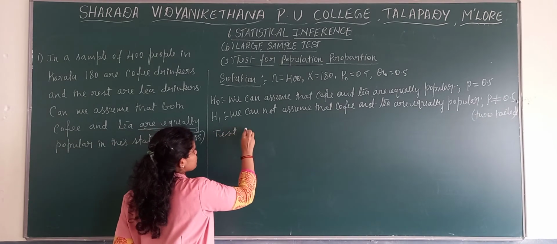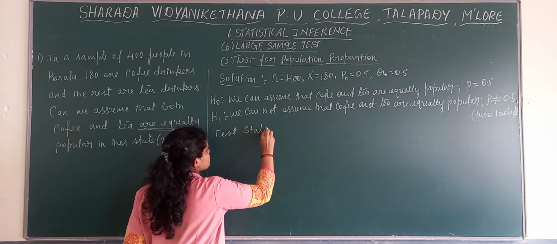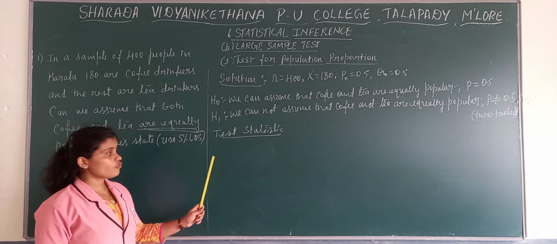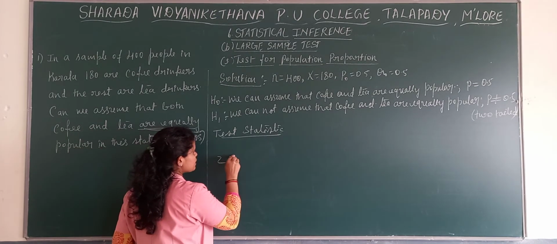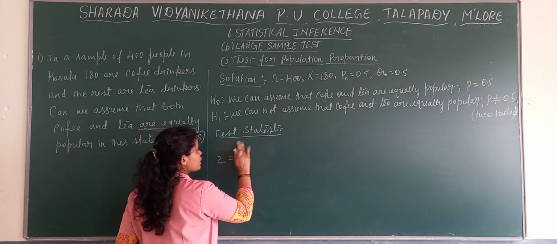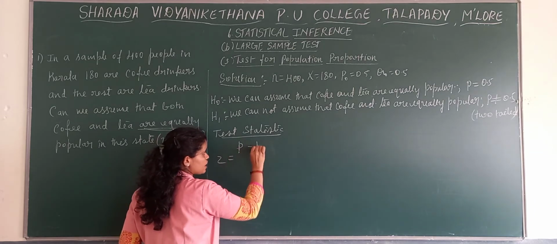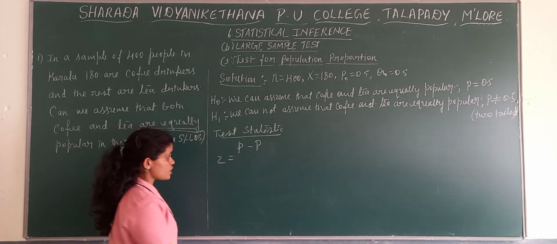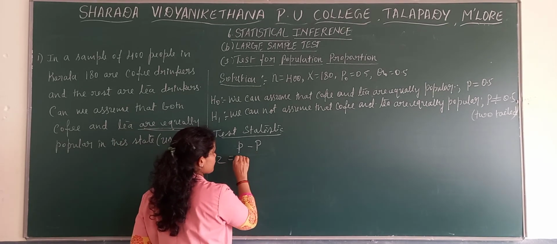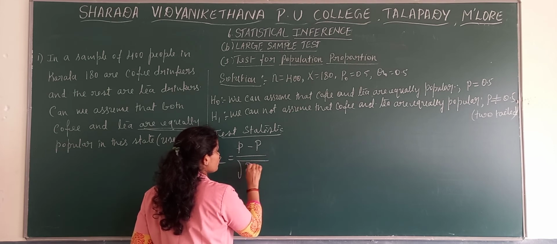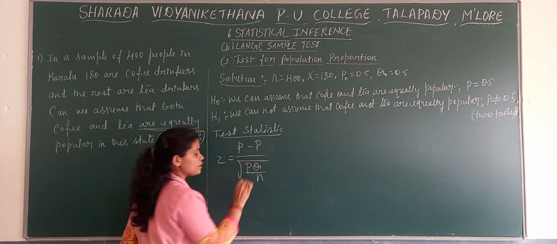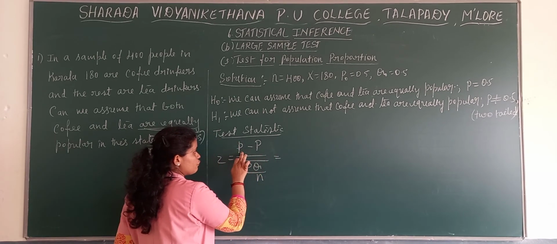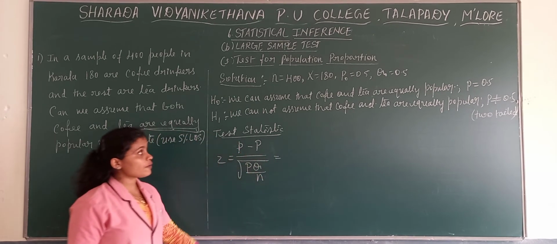Next comes the test statistic, the third step. Now take the formula: small p minus P, or you can take it as P0, divided by root PQ by N. Here we know that this p we need to calculate.